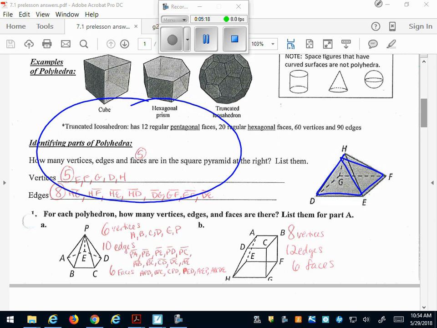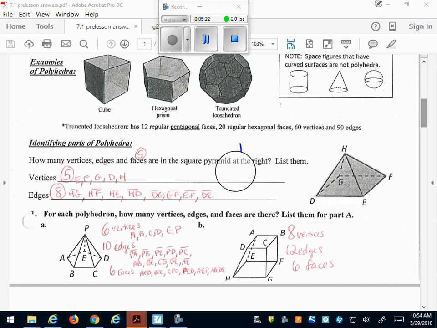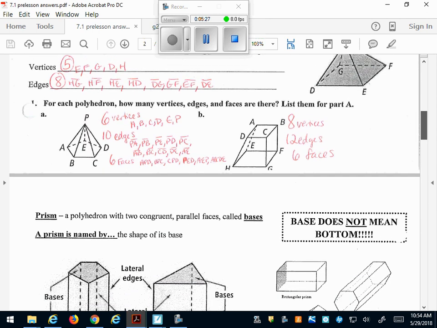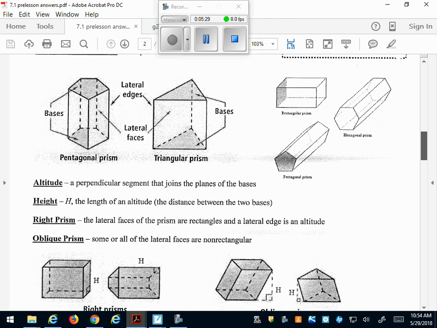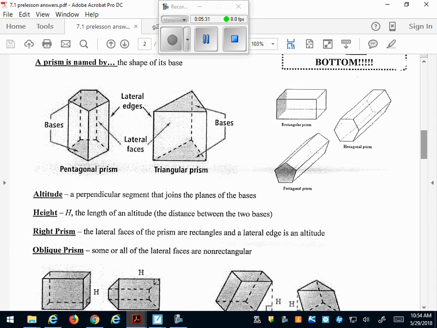What's the difference? You won't be able to see this in the video, but if I hold up these two things, they have the exact same base. What's different?